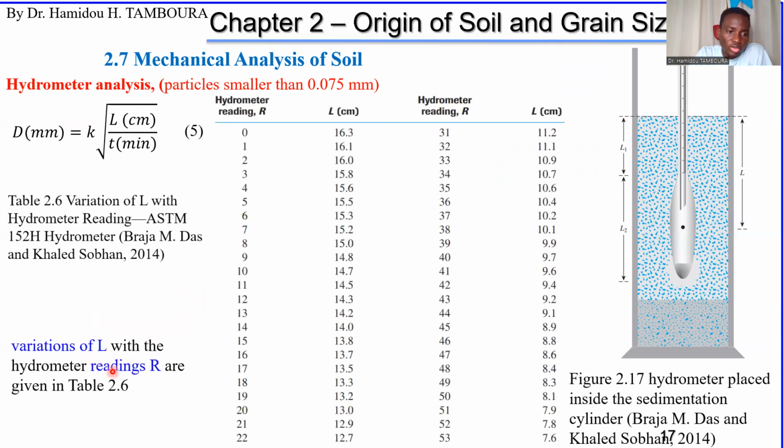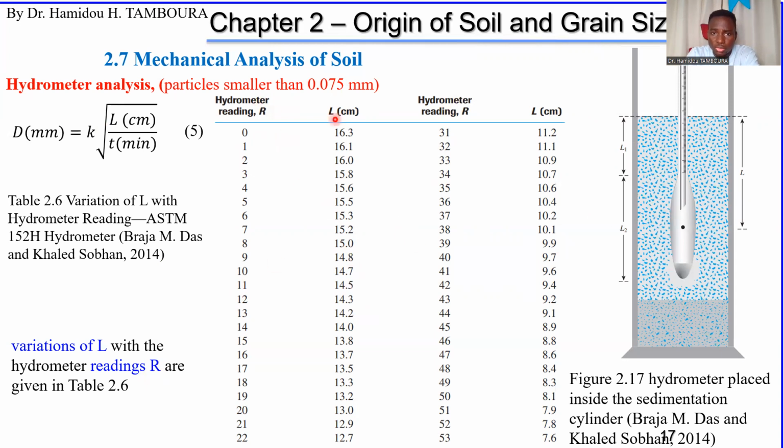This variation of L is given in this table depending on the reading of the hydrometer. So each reading, here is hydrometer reading R and L in centimeter. Each reading of the hydrometer, depending on its value, you can determine the value of L. All our problem is L. Of course, there is a mathematical formula to estimate this L, but maybe these values are given here.